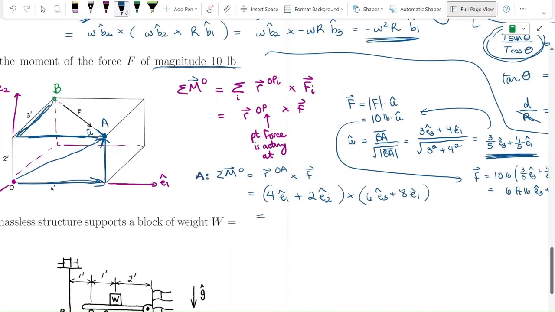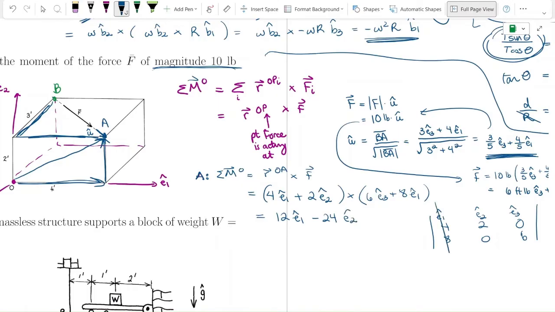So I'm going to do the determinant method again: e1, e2, e3. The first row is 4, 2, 0. The next is 6, 8, 0. And when I do the determinant, I get 12 e1 hat minus 24 e2 hat.